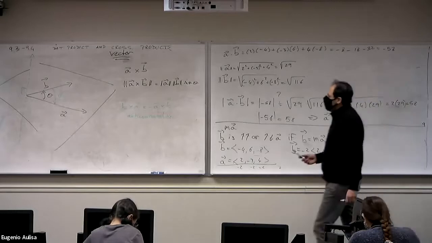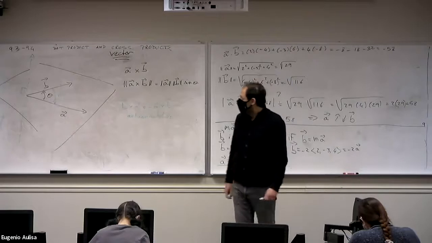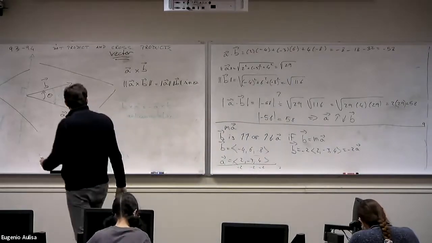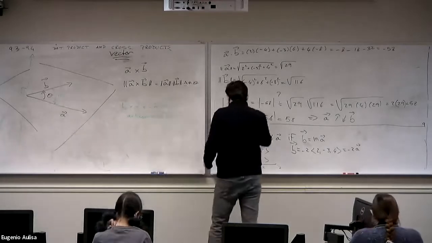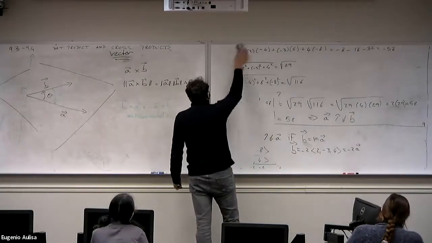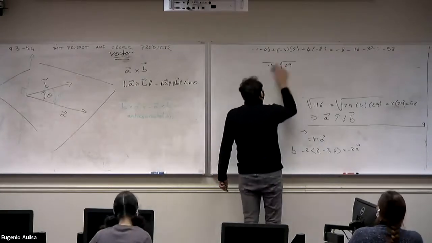So we have a geometric way to get our cross product. But we don't like geometric ways, we like algebraic ways.